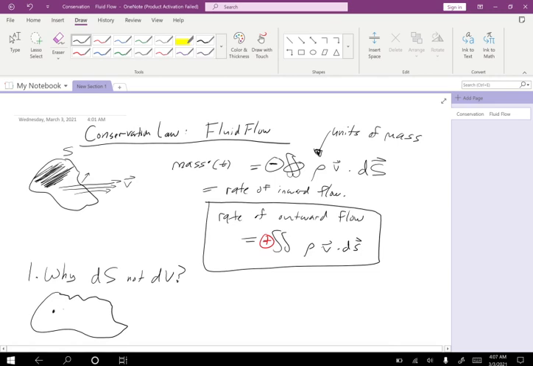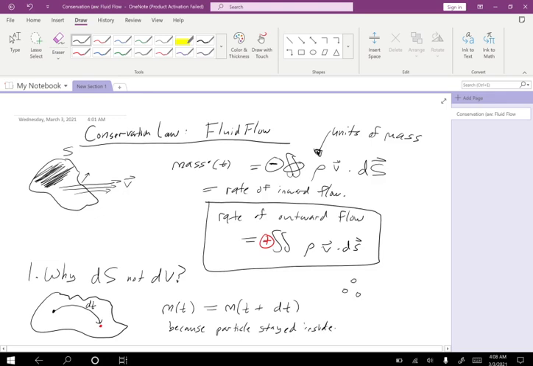So to give an example, if you have just a single particle and over a time dt, it moves over here, then the mass at our original time is actually equal to the mass at our new time. Right? And that's because the particle stayed inside.